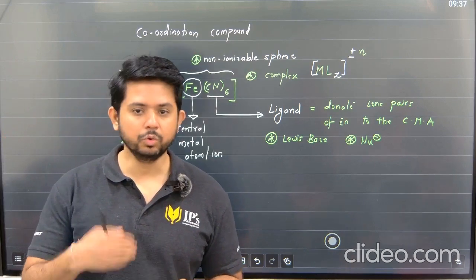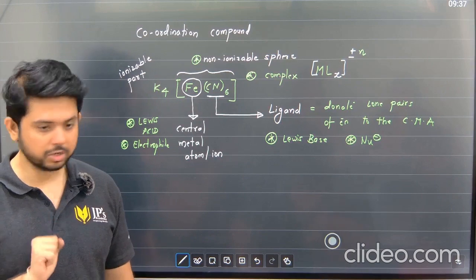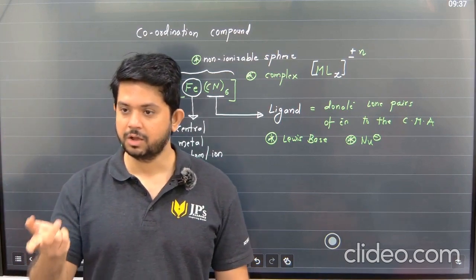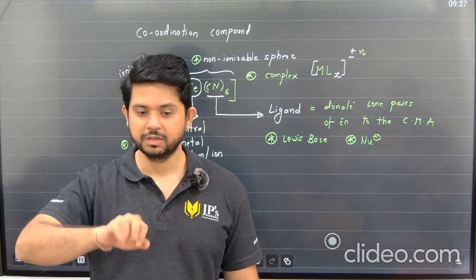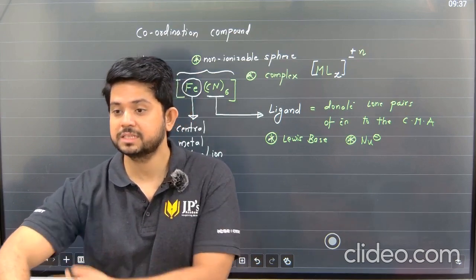That means 2 electrons, and there are 6 CNs. The electrons with Fe were 24, plus 12 is 36. 36 is which noble gas? Krypton.